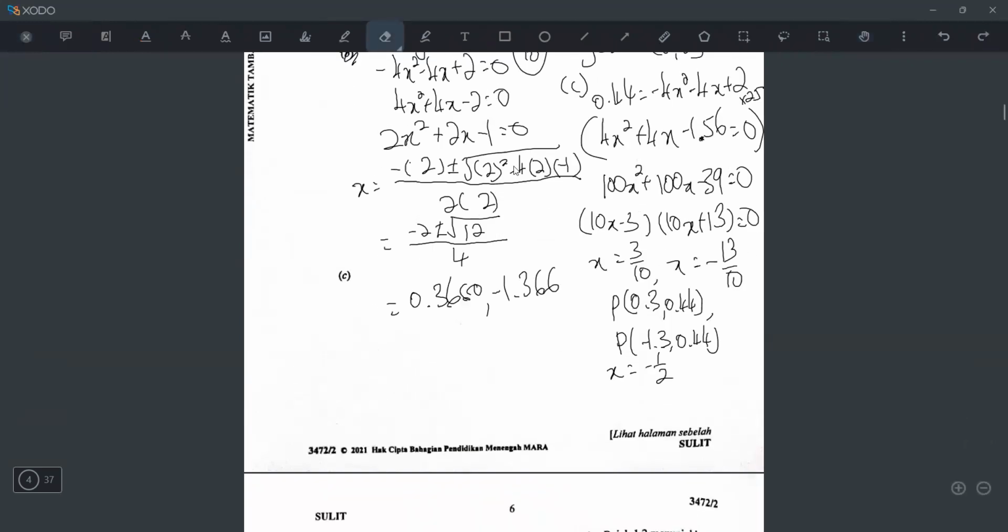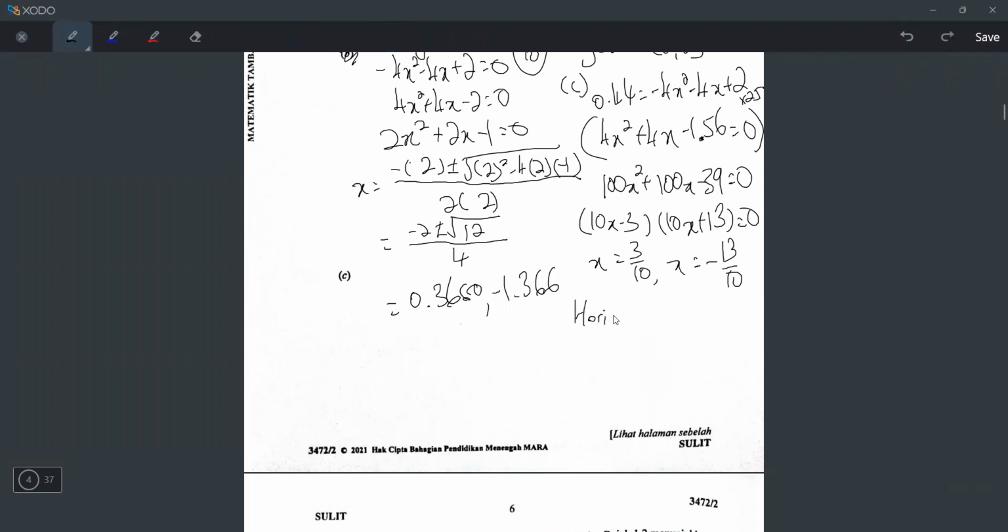So, okay, I will erase this. Horizontal distance is equal to 0.3 minus negative 1 over 2, and then you get 0.8. Right, that's the answer. But maybe you will ask, what if you take the other value, negative 1.3?